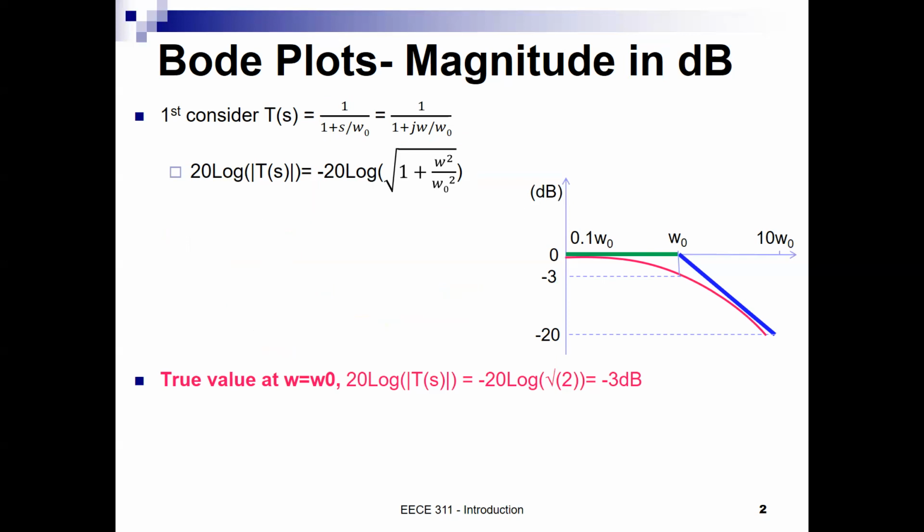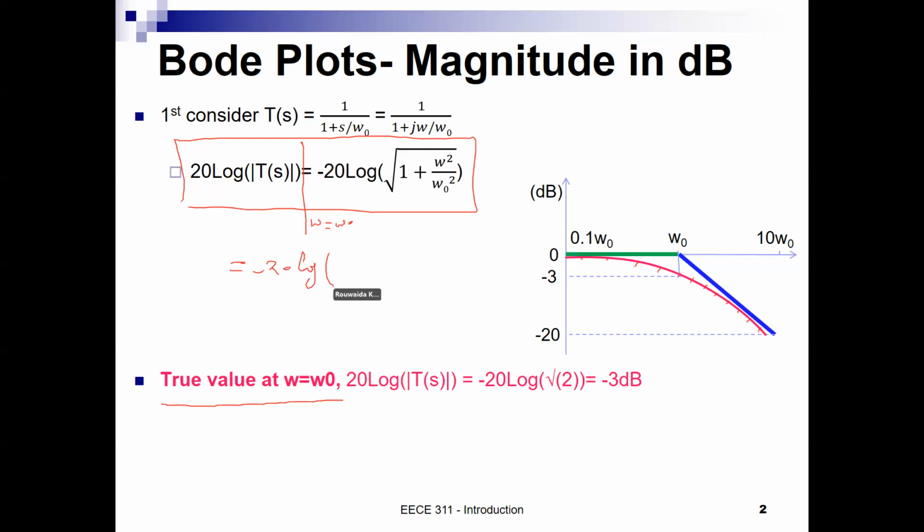And in order to be able to draw the magnitude plot in dB, we need to identify at each frequency point what is the value of this magnitude. What we know and what we really often refer to is the true value of this magnitude in dB at ω equal to ω0, because if we set ω equal to ω0, this value becomes minus 20 log of the square root of 1 plus (ω0/ω0) squared.